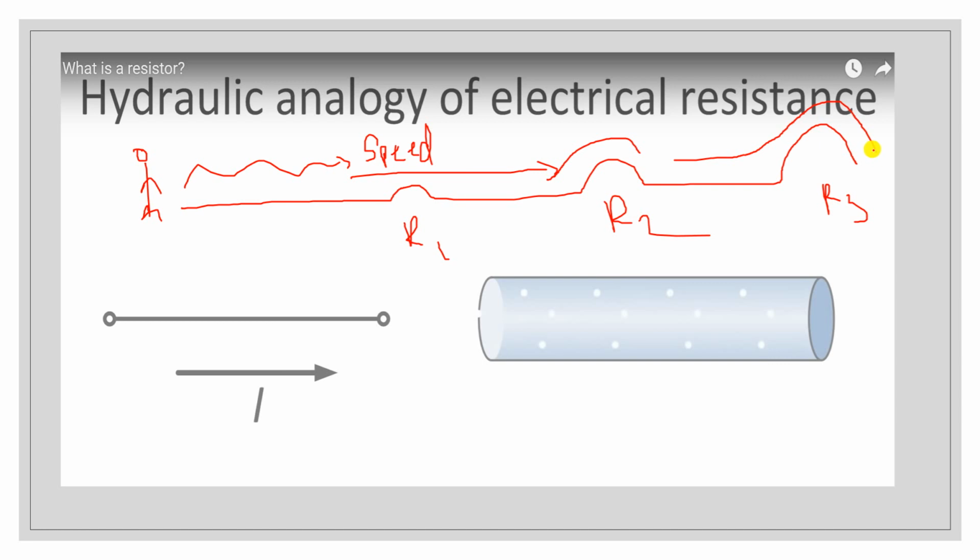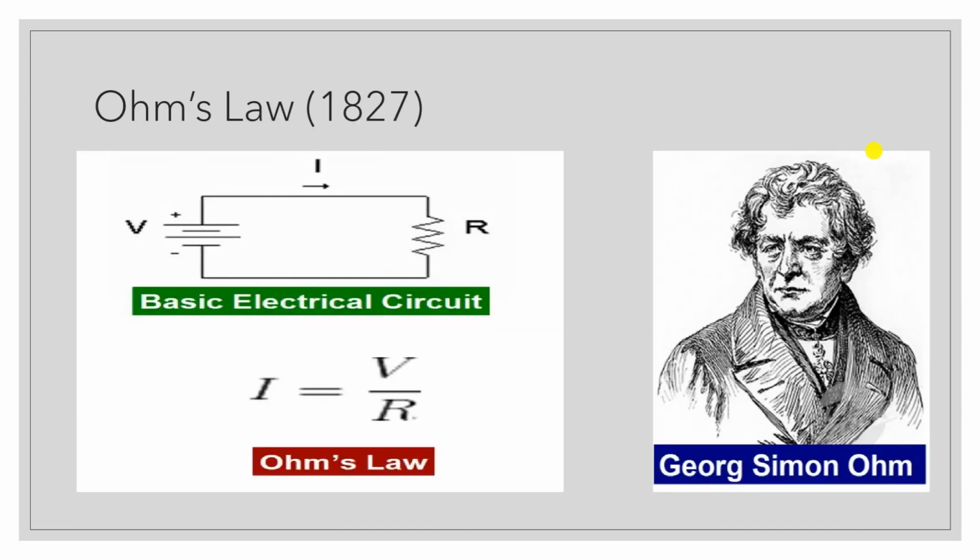Georg Simon Ohm discovered Ohm's law in 1827. So what is the relationship between current and voltage? This can be understood using a basic electrical circuit. In this circuit, the voltage supply is provided by a battery.